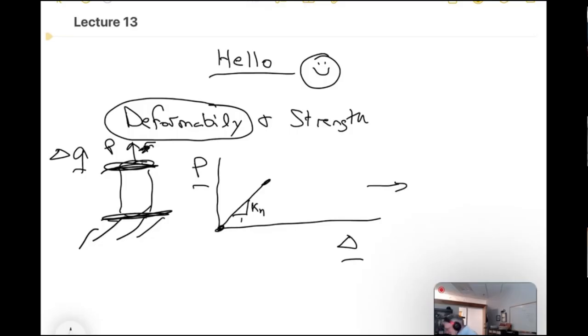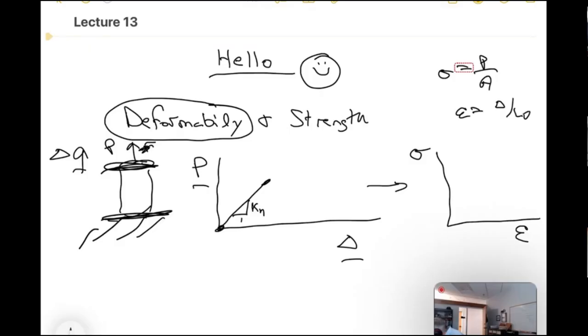People now think of things in terms of continuum mechanics, which has concepts of stress and strain. What we're going to do is take this and compute a stress and a strain. And you know about this, right? Stress is going to be P over A. Strain is going to be delta over L naught.